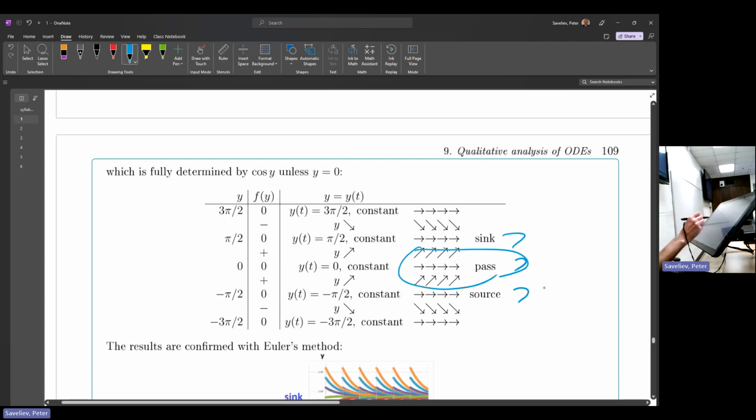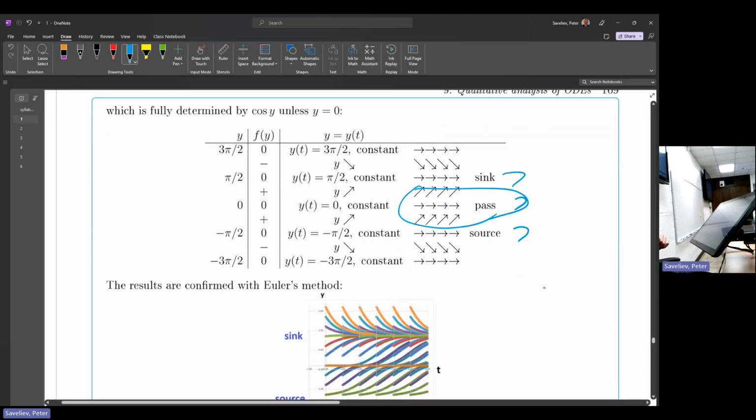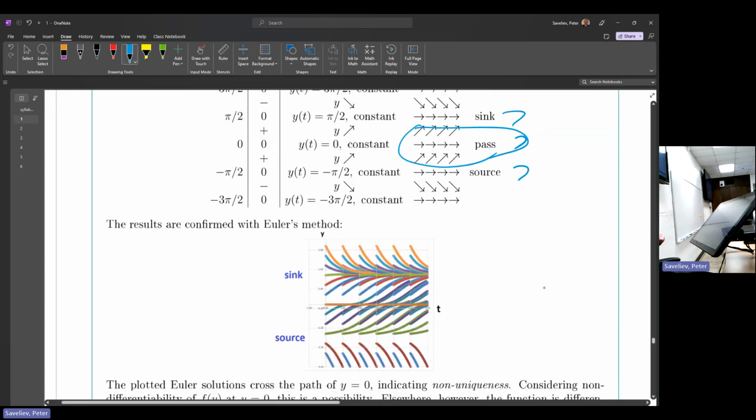I call it a path, but really only because there is some water approaching from one direction, and then it moves away on the other side of that dot, and that gives you the appearance that it goes through, but we know that it cannot because of the uniqueness. So once again, the stationary solution cannot be crossed by other solutions. So that proves the asymptotic behavior, and that once again with Euler's method.